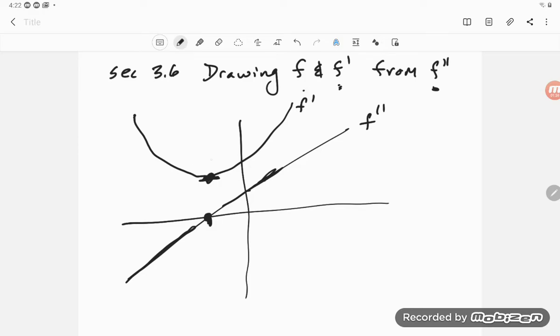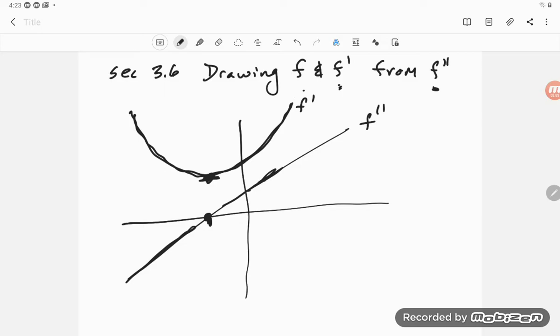And now this is the thing, you can get some different answers. We'll do this a couple of times and we'll see how, depending on where I draw f prime, I could get slightly different answers. So here's f prime. Now to draw f, we do the same thing. When I draw f, all these slopes were positive for f, so f is increasing the whole time.